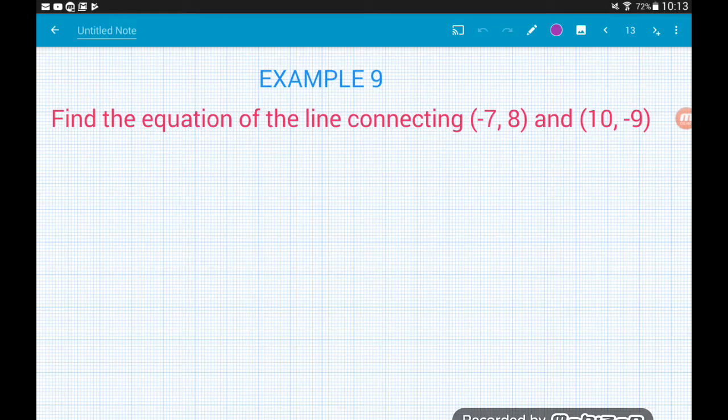Find the equation of the line connecting (minus 7, 8) and (10, minus 9). So y equals mx plus c. Hopefully by now you're happy that we need to find the value of m first.